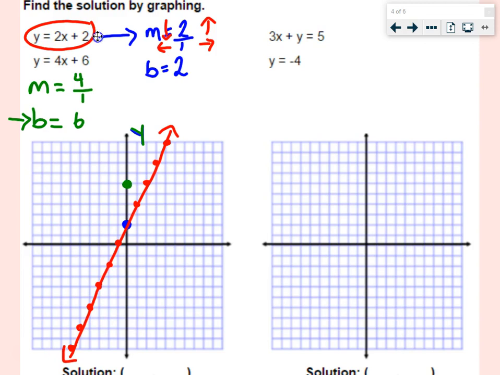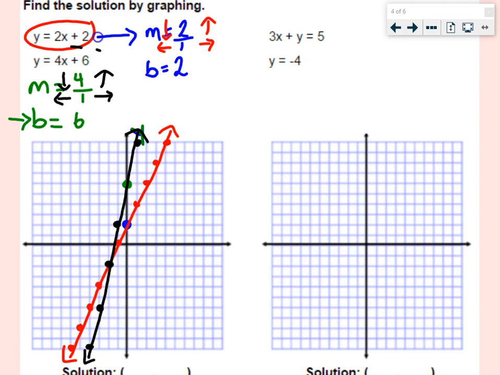And then for our slope, we can go up 4, right 1, or down 4, left 1. Again, we need to do as many points on the graph as possible. So go up 4, right 1. Then go down 4, left 1. And here, connect the points.